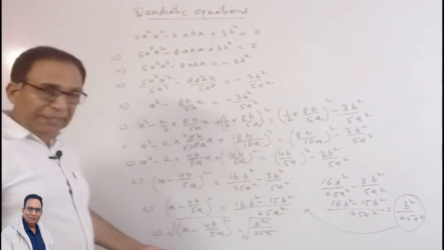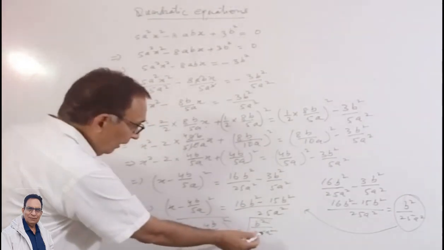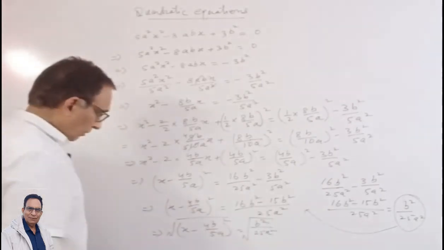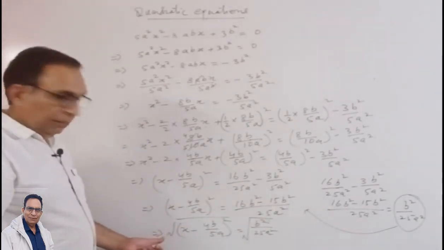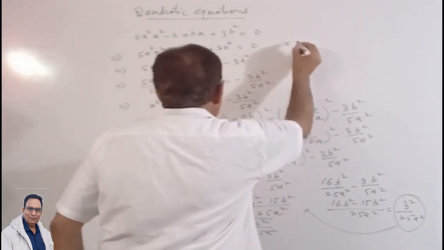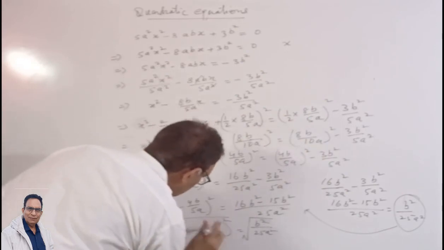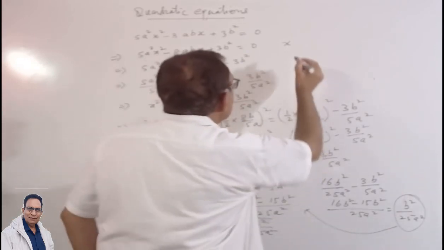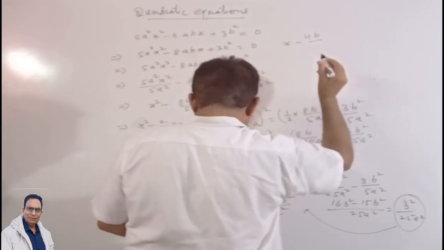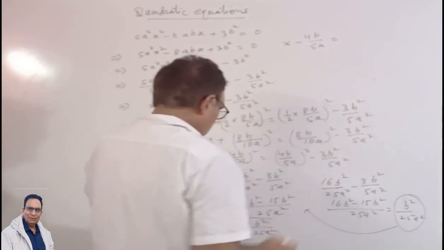Space is not permitting me, because this comes how much? 5a square, and this is 5a square, and this is b square. This under root is cancelled with the square. You will be having x minus 4b over 5a is equal to, this will be plus minus.